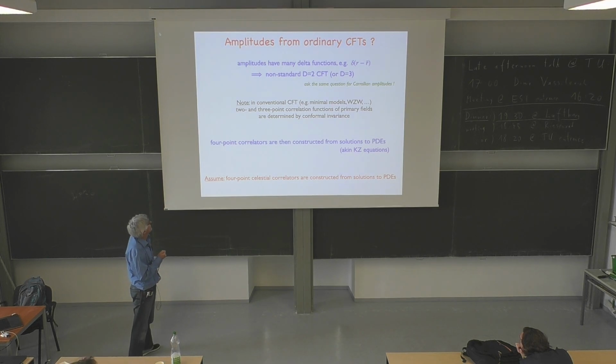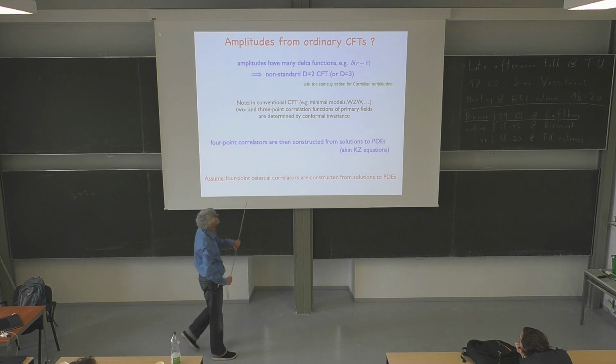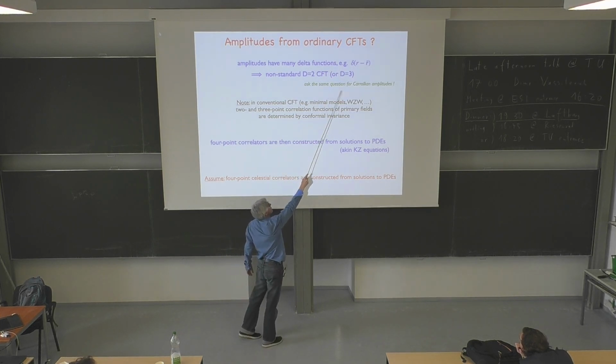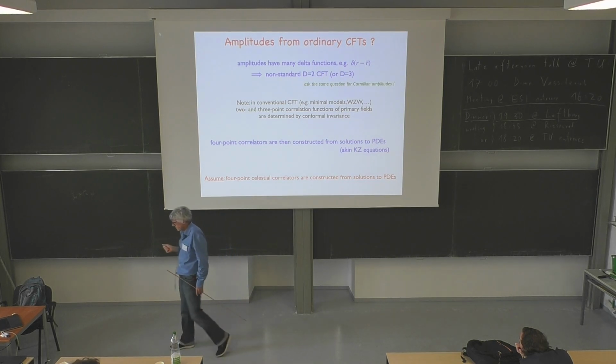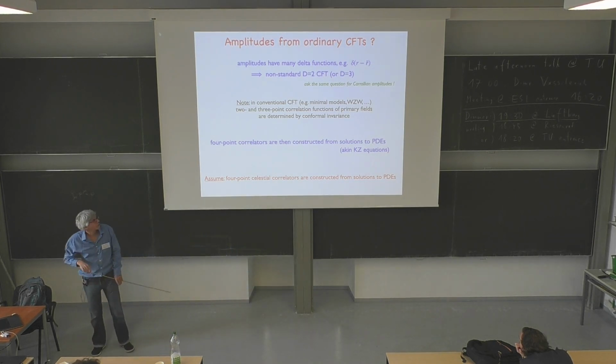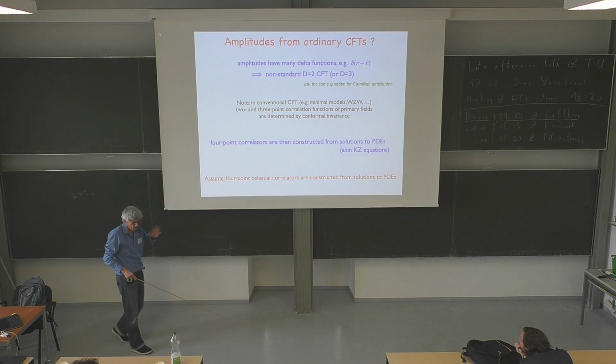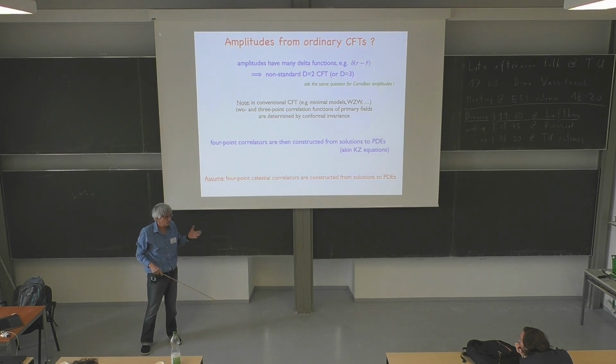The first thing we have already seen is that for the 4-point amplitudes there are always delta functions which mix the holomorphic and anti-holomorphic cross ratio, which means that it cannot be a standard conformal field theory.